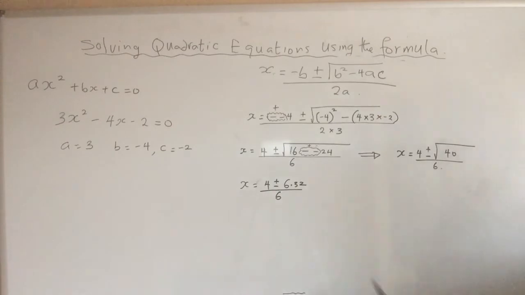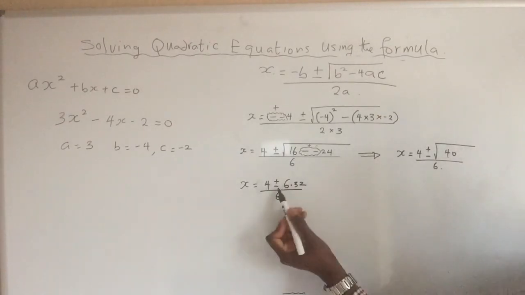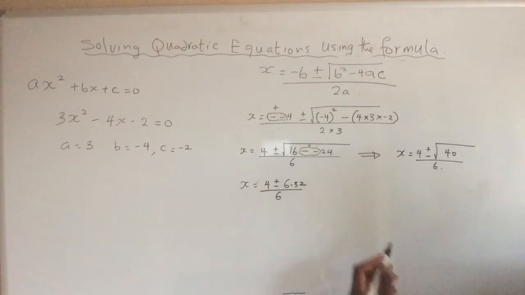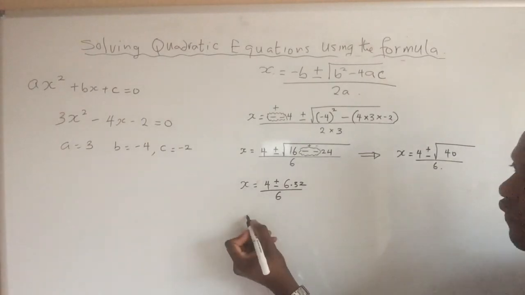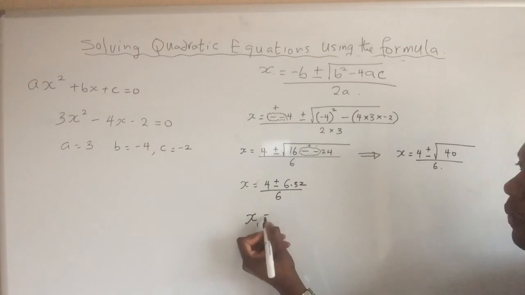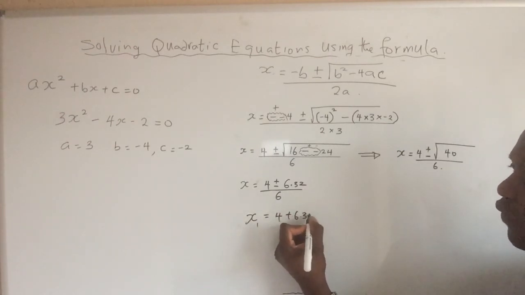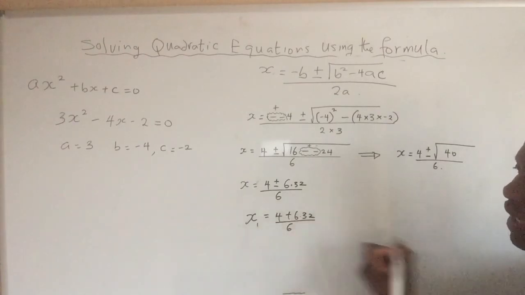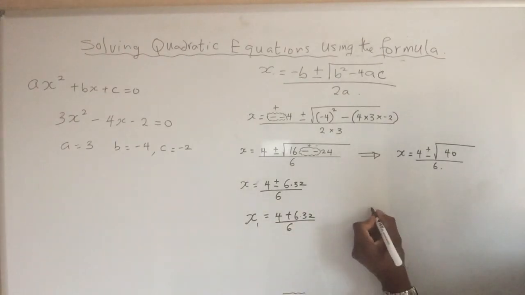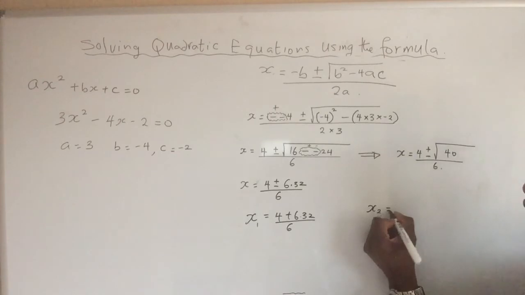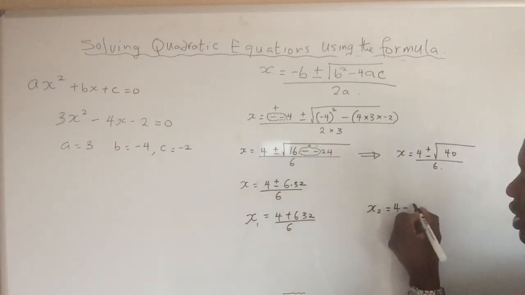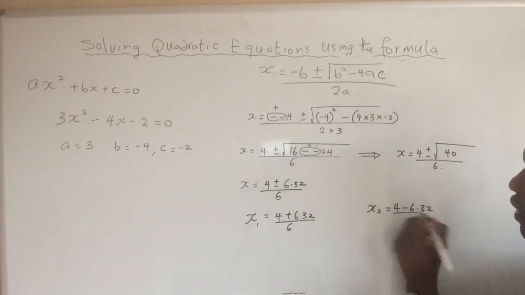So the first one is when I use the plus. The second value of x is when I use the negative, which I am going to write out. So for the first value of x, let's call it x1, I have x1 equal to 4 plus 6.32 divide by 6. And the second value of x is when I have 4 minus 6.32 divided by 6.